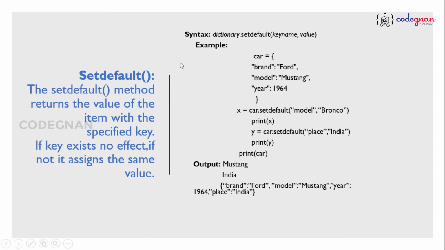If you don't have the key, it will add that pair to the dictionary. Something like setdefault of key name comma value. Already in this example you have model. What is the value for model? Mustang. But here you are giving Bronco. So whenever you print X, you get only Mustang. But in the next example I gave place, and you don't have a place key in car, so this will be added to the dictionary, right?